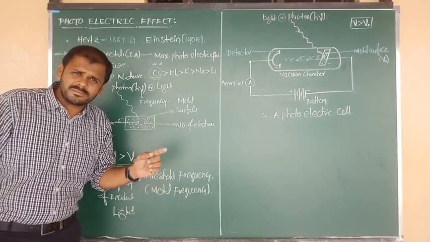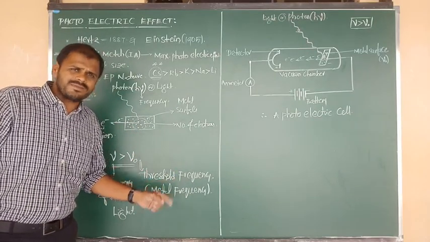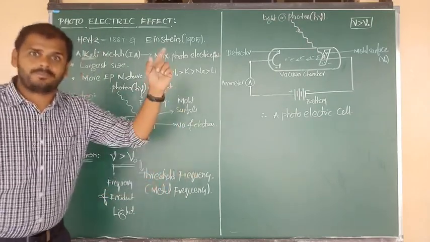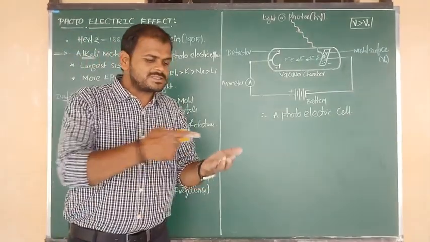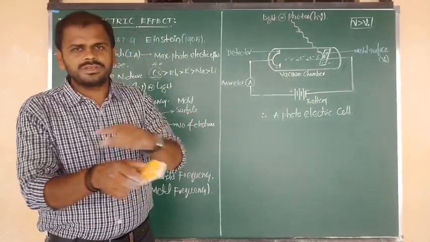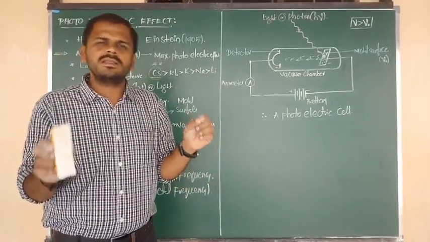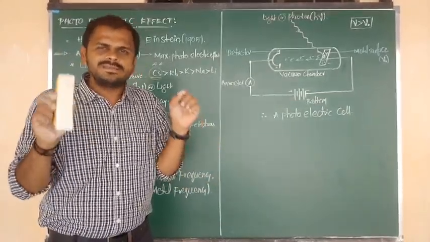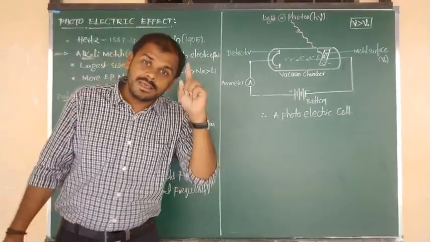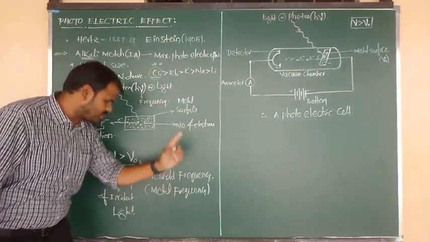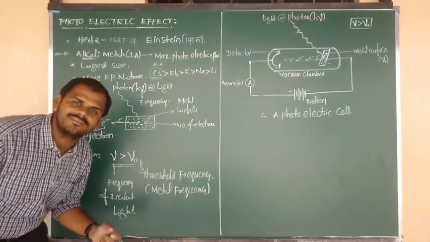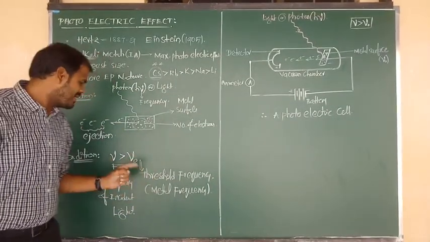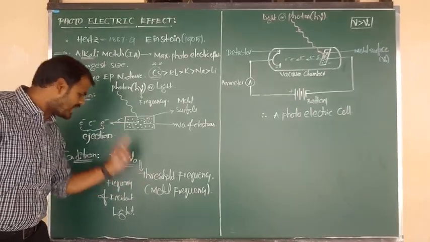Metal frequency is constant for each and every metal, for suppose lithium, sodium, magnesium, calcium, whatever it may be. Every metal contains a certain fixed characteristic amount of frequency. Such metal frequency we call threshold frequency, denoted by the symbol nu naught.